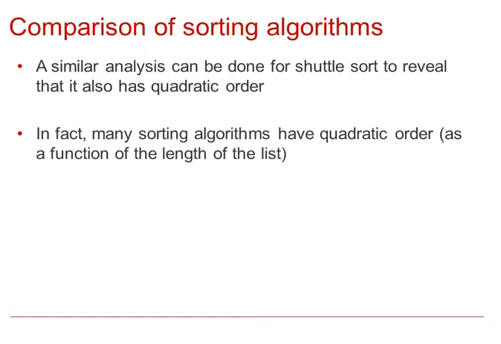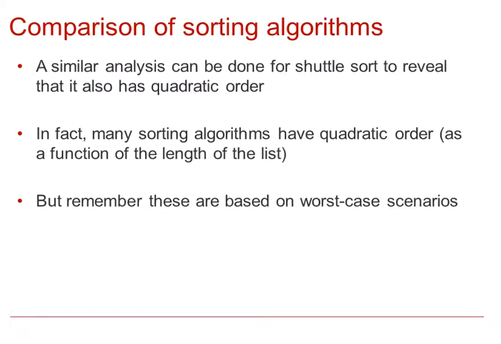A similar analysis can be done for shuttle sort and will reveal that it also has quadratic order. In fact, many sorting algorithms have quadratic order as a function of the length of the list. But remember, these are based on worst-case scenarios.